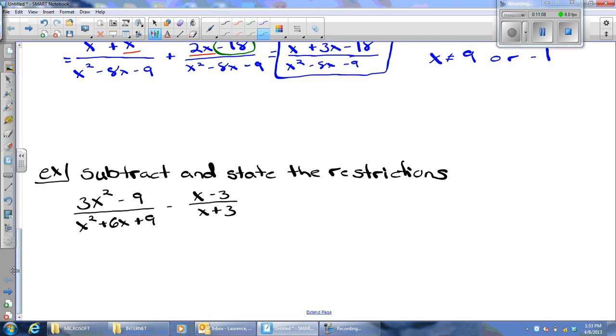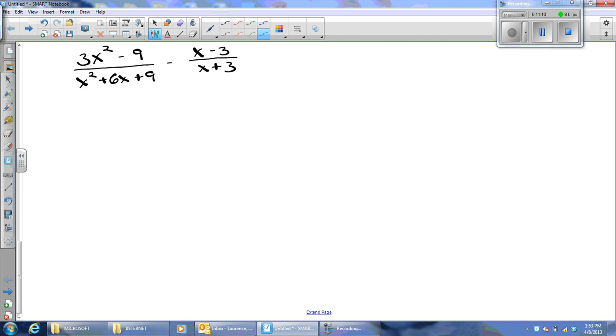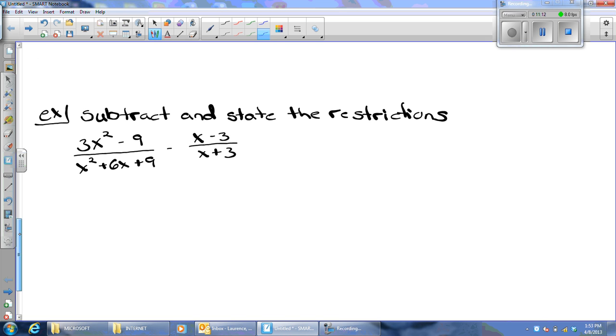And the last one is a subtraction. Okay, so the first thing I'm going to do is factor this denominator.